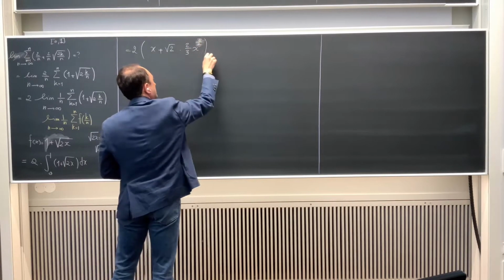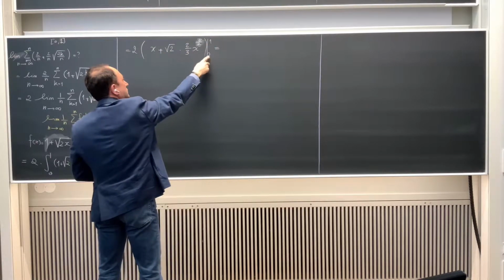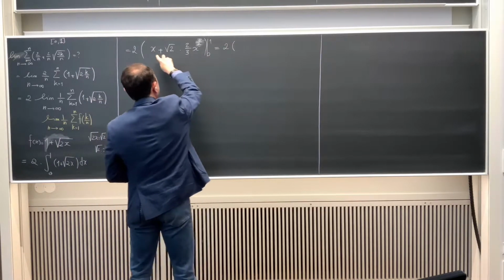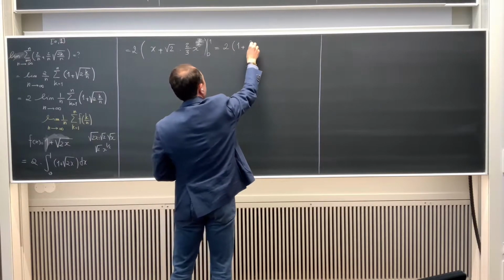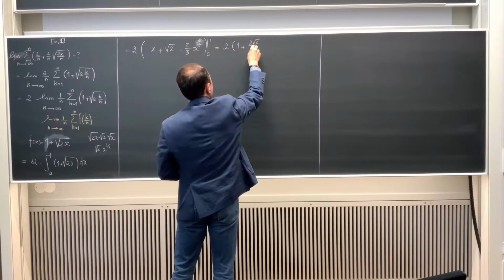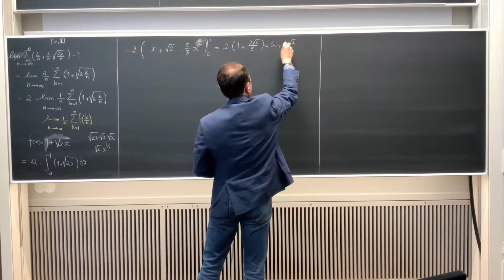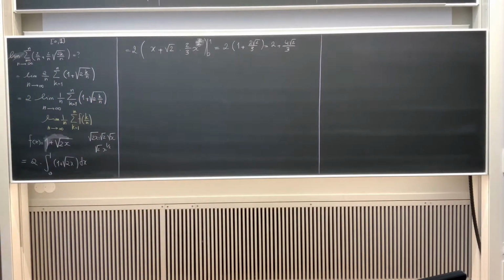Then this should be calculated between 0 and 1. I put 1 and then I put 0. 0 doesn't matter, it becomes 0, so I put 1 instead of x. So the answer becomes 1 plus 2 square root of 2 divided by 3. I multiply this 2 in, so it becomes 2 plus 4 square root of 2 over 3. So that is the limit.